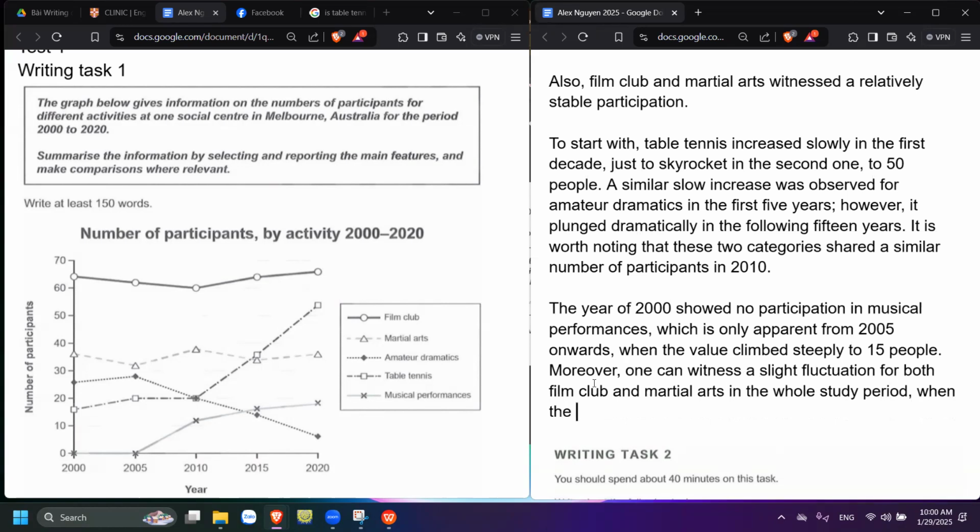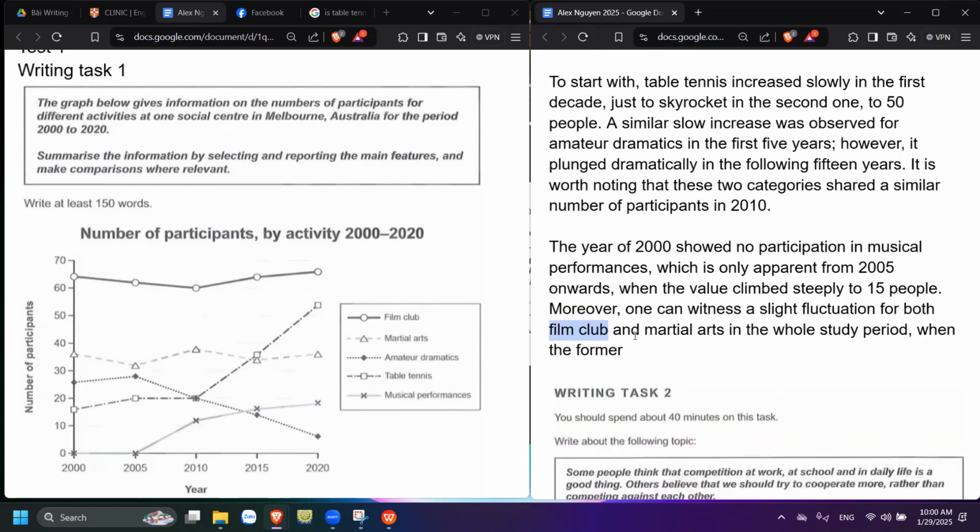When the former, you know the former and the latter, right? When you mention something first, this is the former. When you mention something afterwards, it's the latter, isn't it? In the same sentence. Do you know this one, Alex? Yeah. Okay, great.